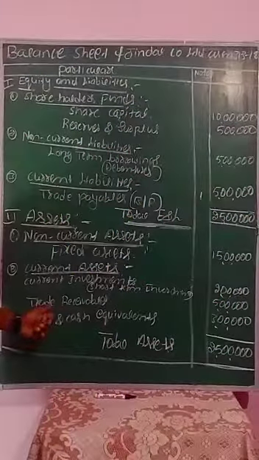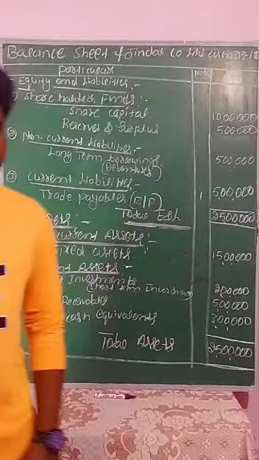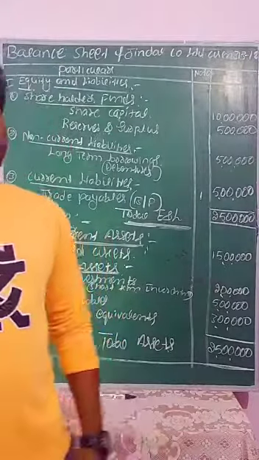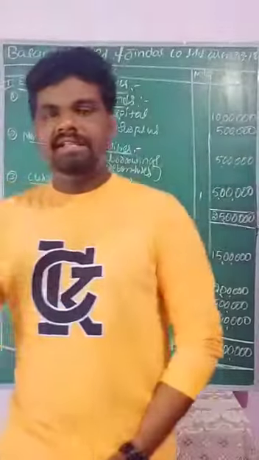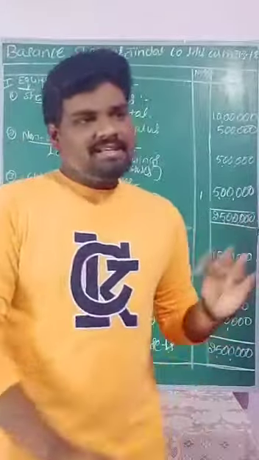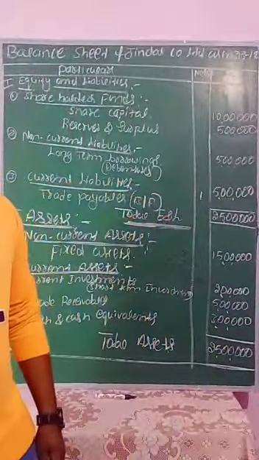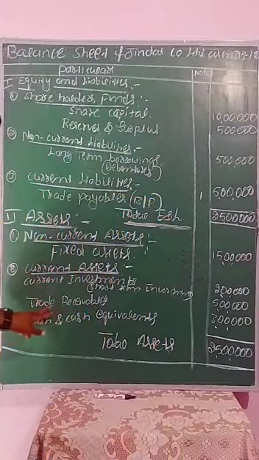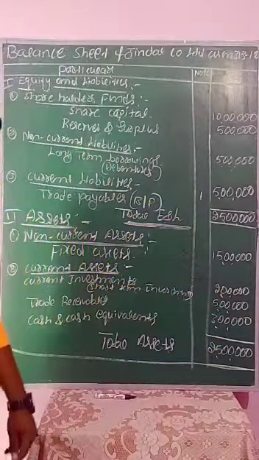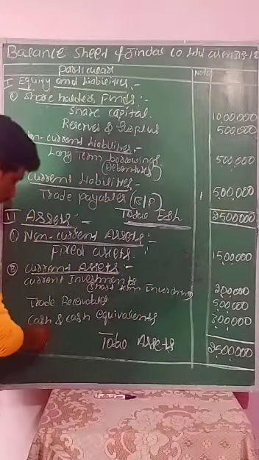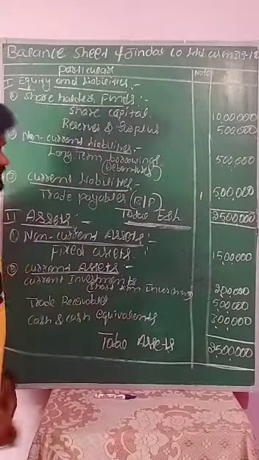The second one, trade receivables. In this question, trade receivables are directly given. This trade receivables includes debtors as well as bills receivable amounts. Directly they have given the value of trade receivables as 5 lakhs rupees. The next one, cash and cash equivalents.